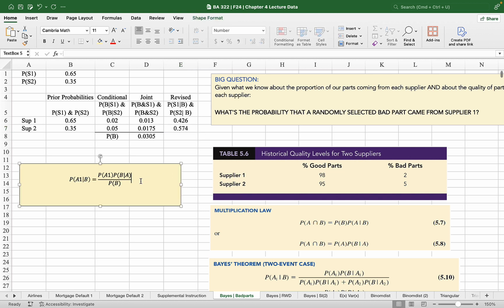So if I want to wrap this up into one more mathematical expression, I will copy this and paste it.